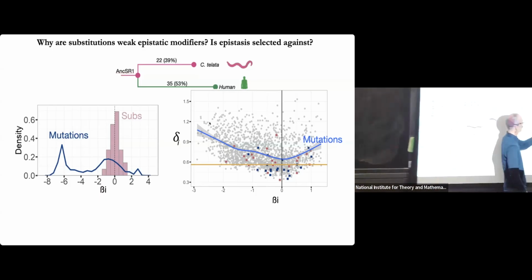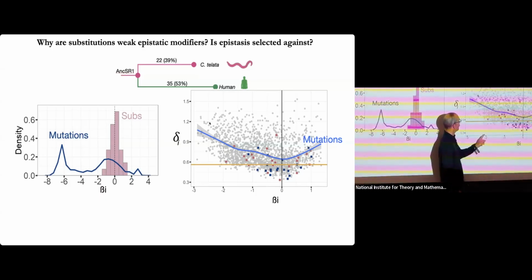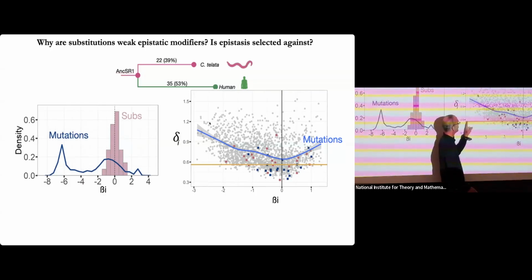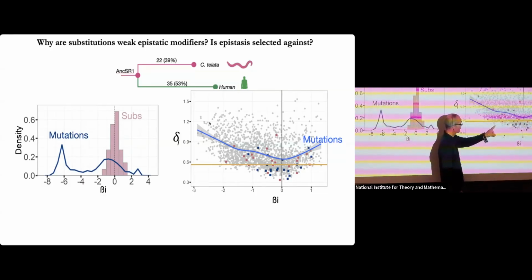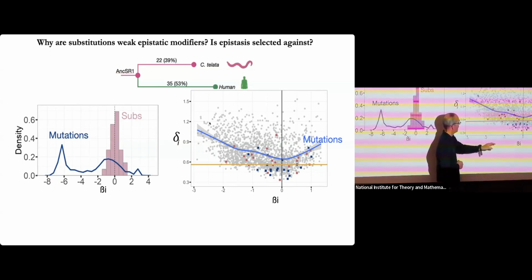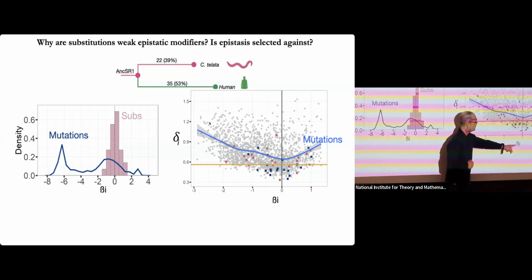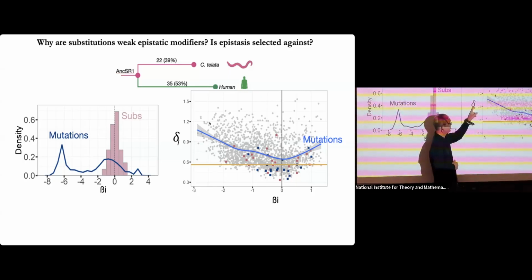So this shows you the median of the effect. The squares are the substitutions. The gray dots are all possible mutations. I've plotted the effect of the mutation on the phenotype versus its strength as an epistatic modifier.